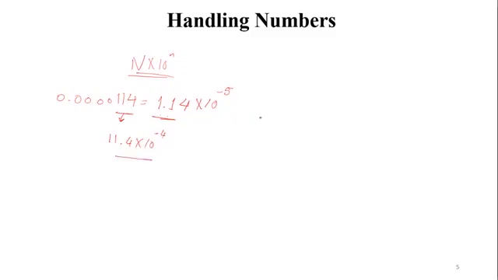It comes down to a rule that says the number on the left side of the point should be a decimal number between 1 and 10. So I cannot write this form because it says 11, which is larger than 10.